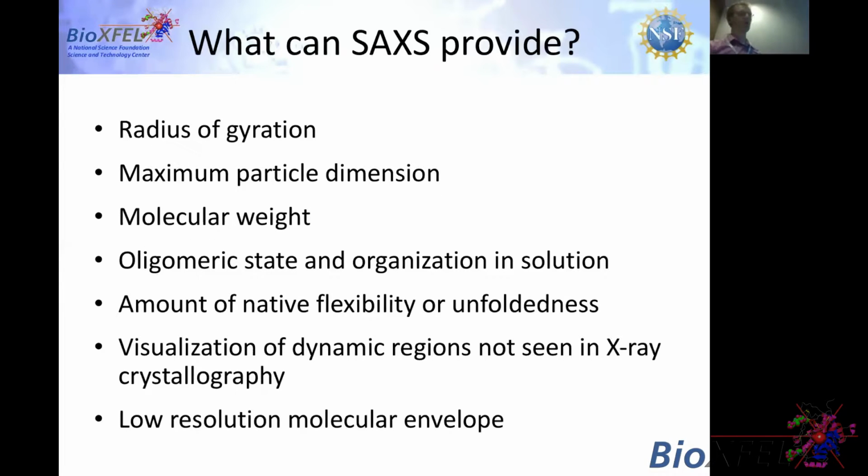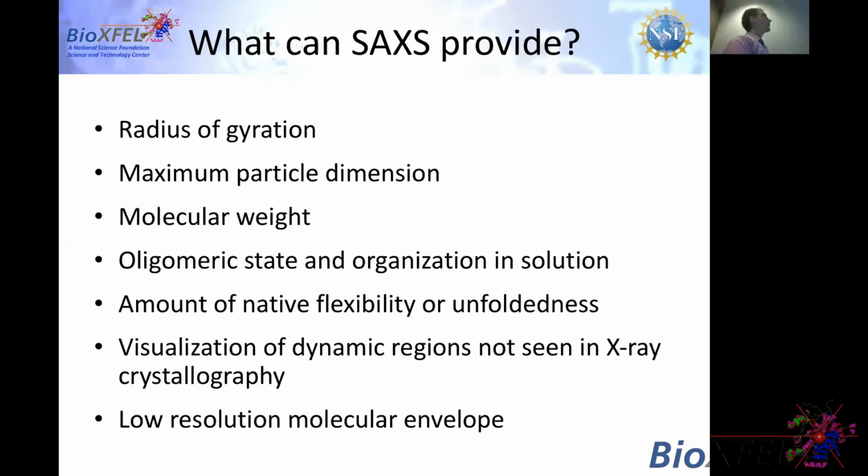Okay, so what are some of the things that SAXS can provide? SAXS can provide information about the radius of gyration, which is essentially just the root mean squared distance of all the atoms to the center of mass of the particle. It can tell you what the maximum particle dimension is. It can tell you information about molecular weight. Not only can it tell you information about the oligomeric state, it can actually tell you how the complex subunits are organized in solution.